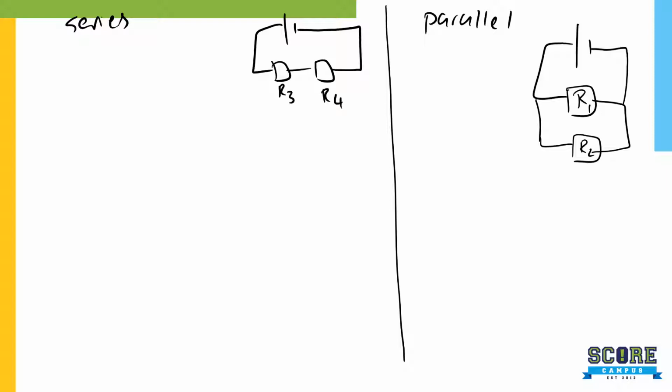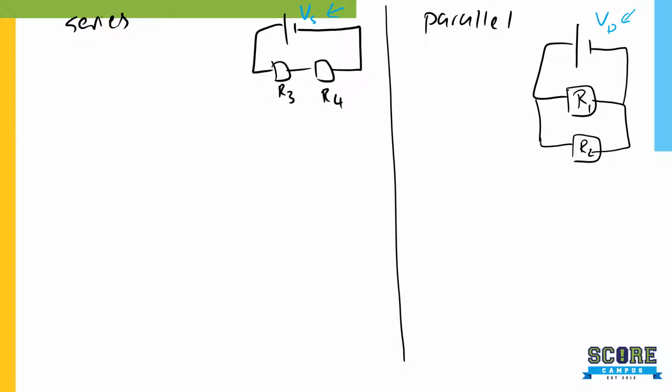Okay, so I've got the different resistances there. Now, firstly, oh, I forgot to add. Let's put it VS, this is VP. This is voltage for series, this is voltage for parallel.